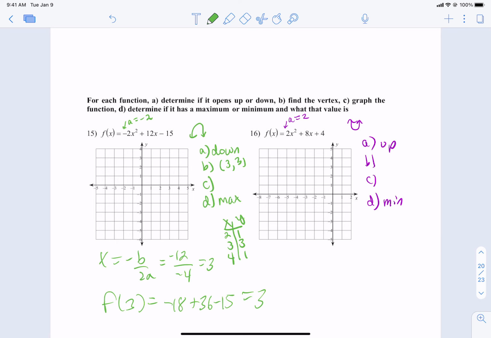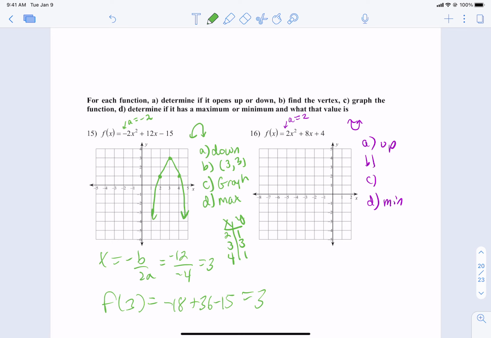Okay, now let's plot those points. So what do we got? At 2, we are at 1. At 3, we are at 3. At 4, we are at 1. So our graph looks something like that.